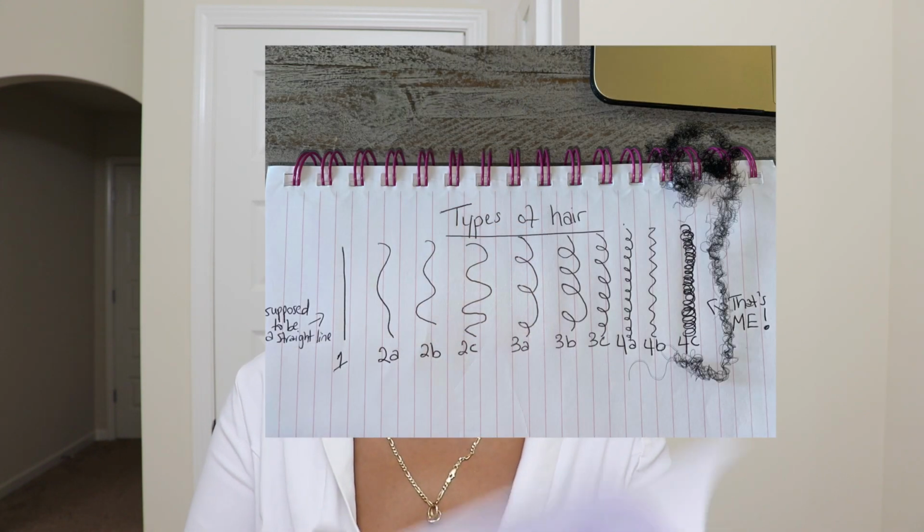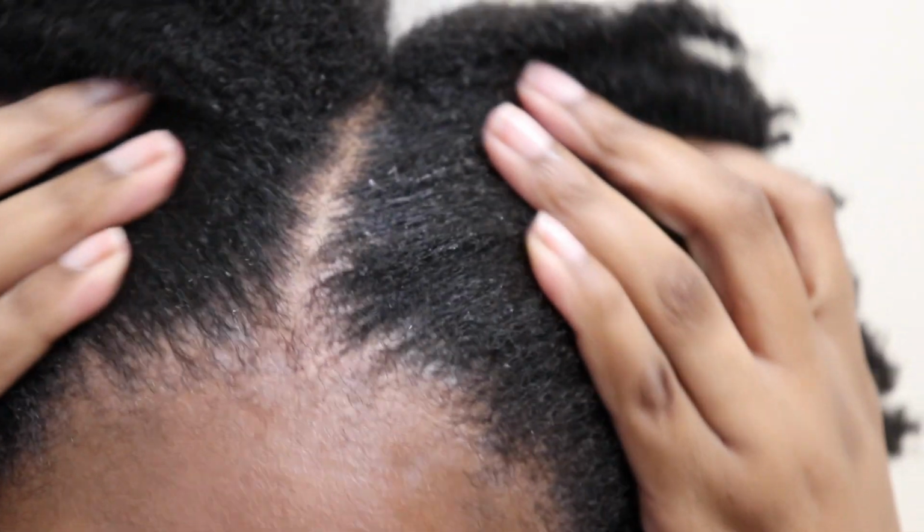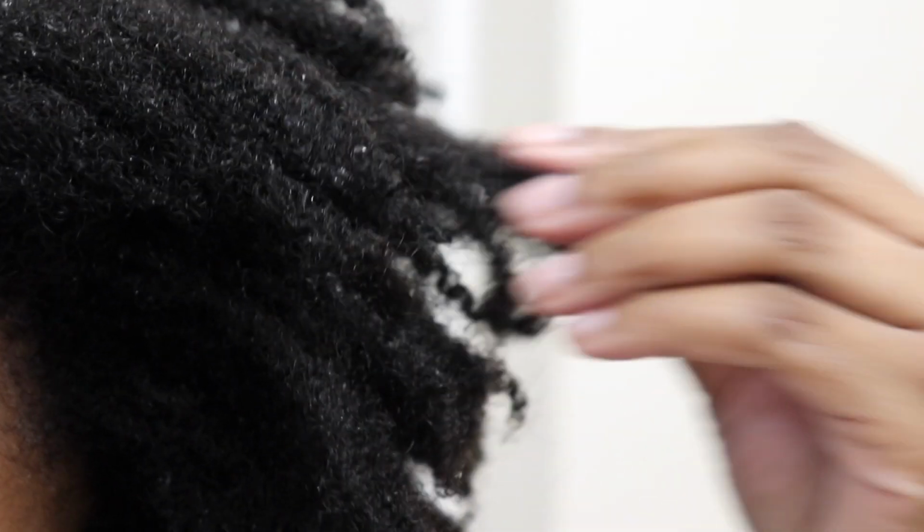Now, I have what we call 4C hair. I will put a little diagram. I kind of drew it. Let me see if I can find it. And you know, I have my little book here. But for 4C hair, it is the tightest coil of the hair.